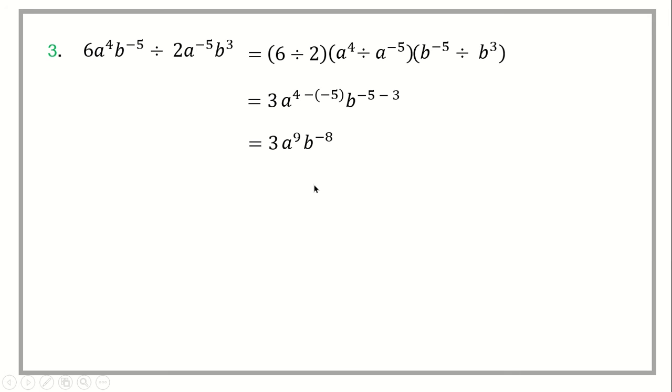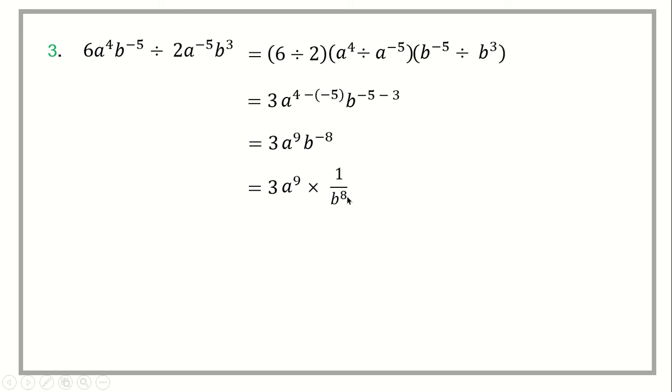Okay? Now, we get 3a to the power of 9. Remember, we can write b to the power of negative 8 as a fraction. So we will get 1 out of b to the power of 8.